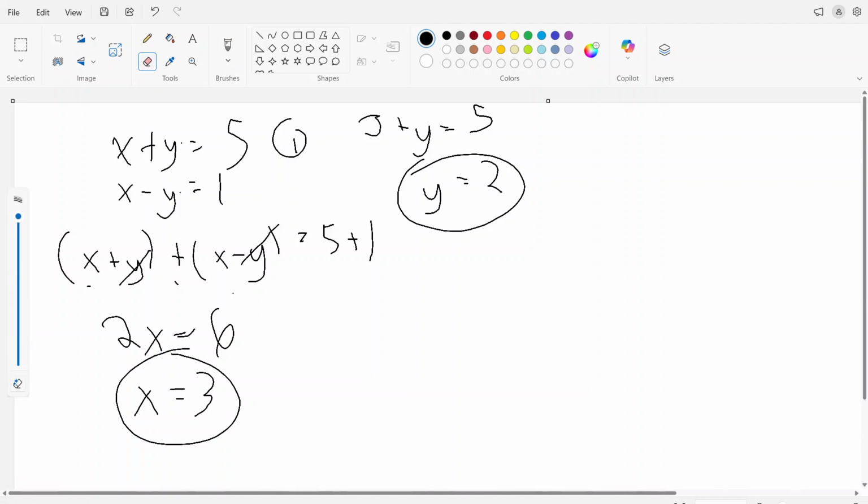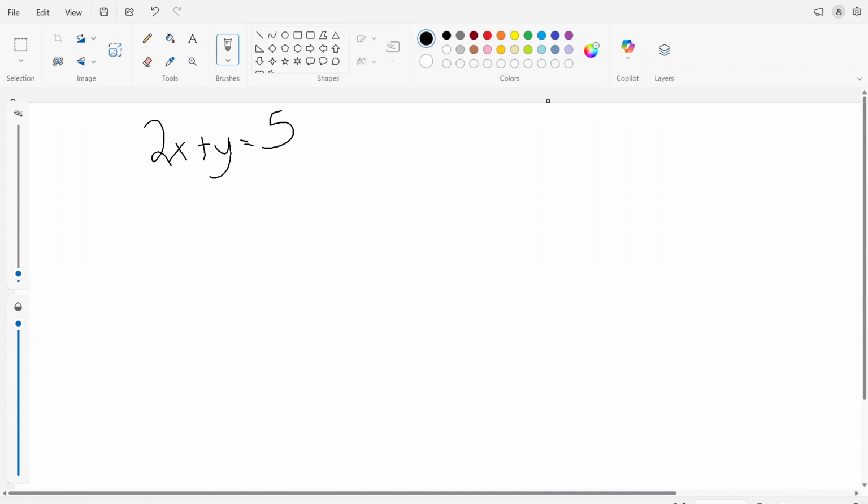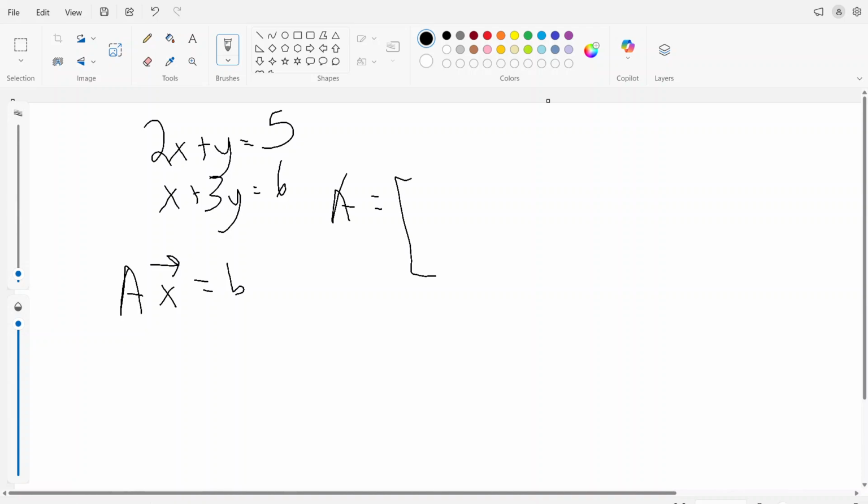The ninth thing that I want to go over is called the matrix form of a system. So say we have this system. We have 2x plus y equals 5 and x plus 3y equals 6. This can become A times vector x equals b, where A equals 2, 1, 1, 3.